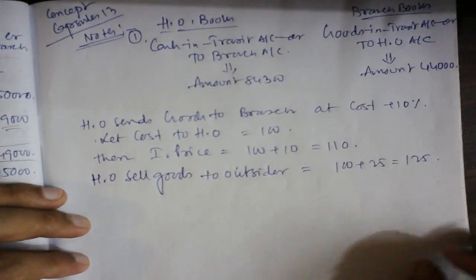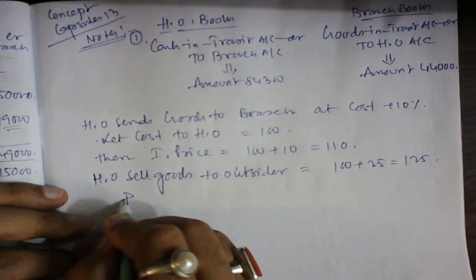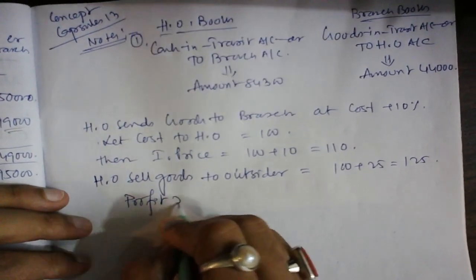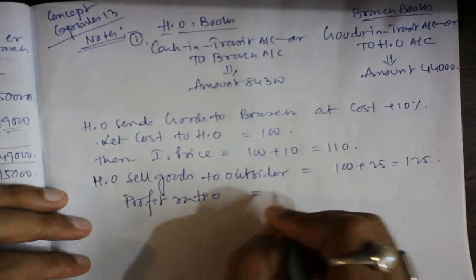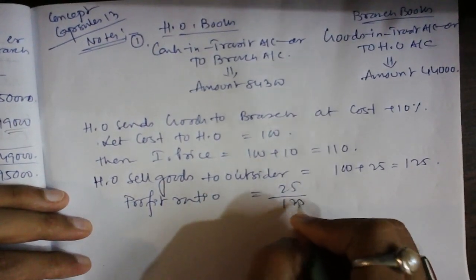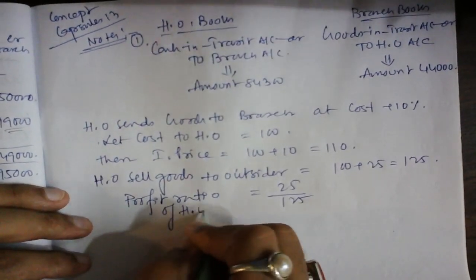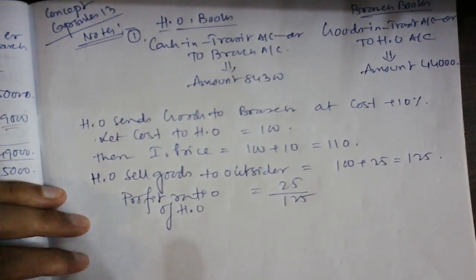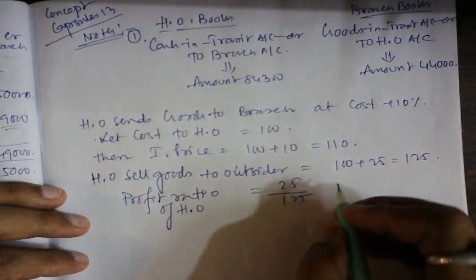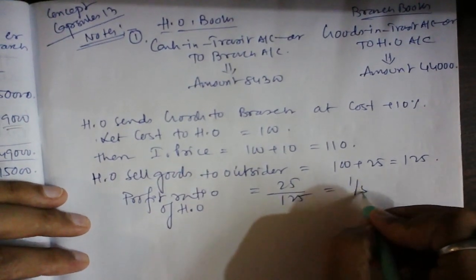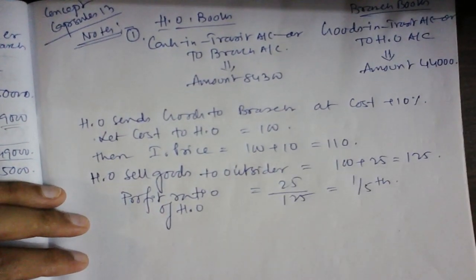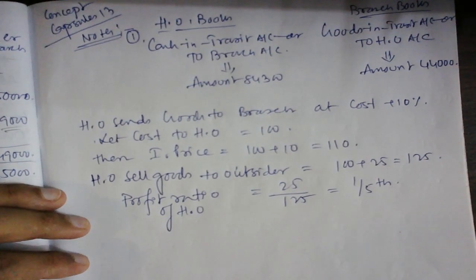So now if you see the calculation of this, the profit ratio the HO will make is nothing but 25 by 125. Profit ratio of HO you can write here. Okay, only to the outsider. I am not telling about the goods sent to the branch, I am telling about the outsider. So in this case you can write 1/5. So the profit made by the HO while selling the goods to the outsider is 1/5. Okay, कोई डाउट नहीं इसमें.